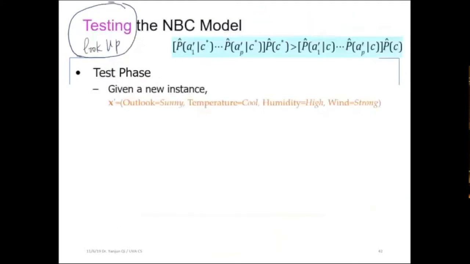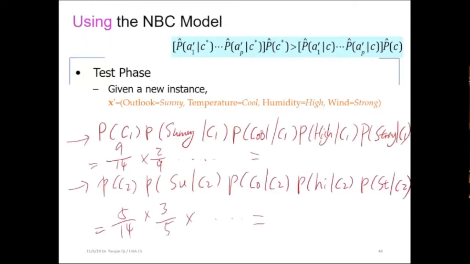Then in the testing phase, let's give you an example: sunny, cool, high, strong, and you want to predict based on the naive Bayes classifier. Then how do you do it? In fact, you just look up. You look up P(C1), yes, and P(C2), no, from the prior probability table.